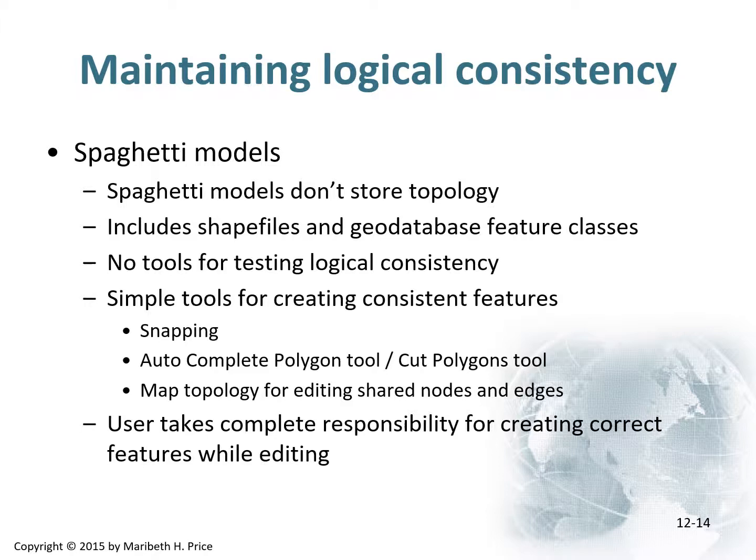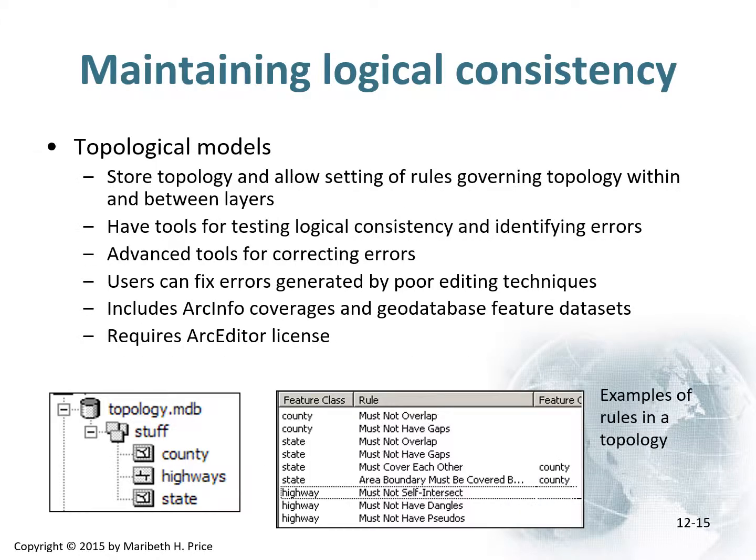There's no way to test for logical consistency. But you can use simple tools to create consistent features like snapping and autocomplete. But the user, you, takes complete responsibility for creating correct features when you're editing in a spaghetti model.